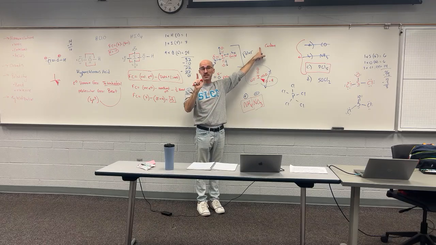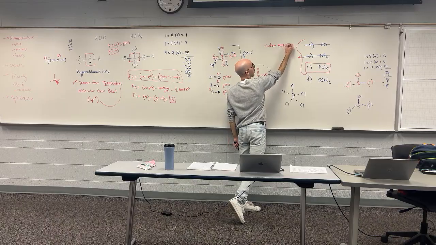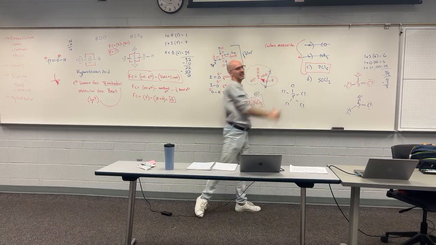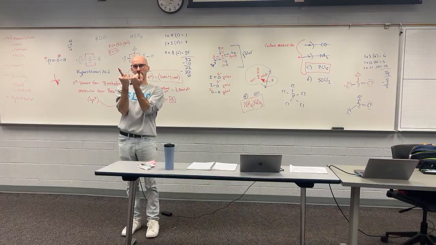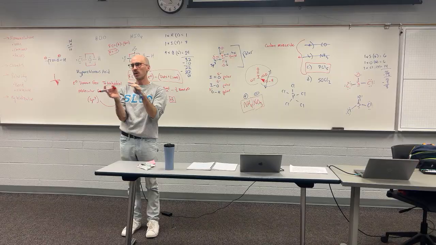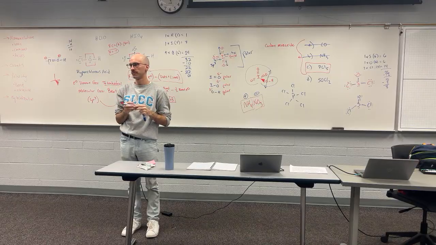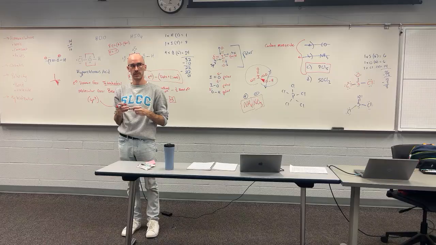If it's the first element, mono gets dropped. Carbon monooxide, and then we do this weird thing where if you have doubling up of the same vowel, they often just get written as 1 vowel. So instead of monooxide, we write it as monoxide. Not monocarbon monoxide, just carbon monoxide.